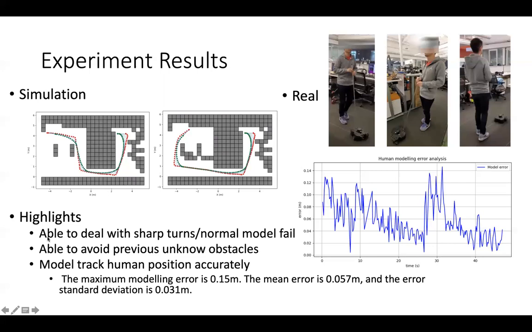First, our model is able to deal with sharp turns, but the bicycle model will fail here. Our model is able to avoid previously unknown obstacles with our path planning algorithms. And we can track the human position accurately. The maximum modeling error is 0.15 meters. The mean error is 0.057 meters, and the error standard deviation is 0.031 meters.